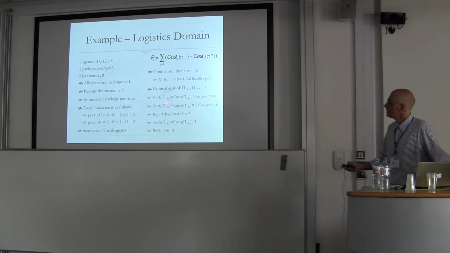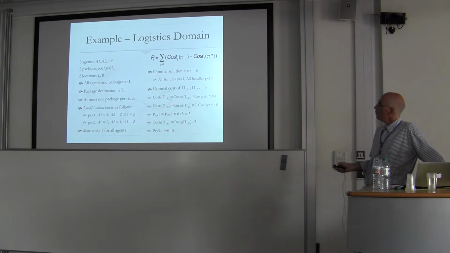Now let's look at the cost for individual agents. Notice that if we exclude agent 2, agent 1 is not impacted. Agent 1 will still do the load, move, unload of package 1. So the cost to agent 1 is 3, exactly as in the original optimal plan.